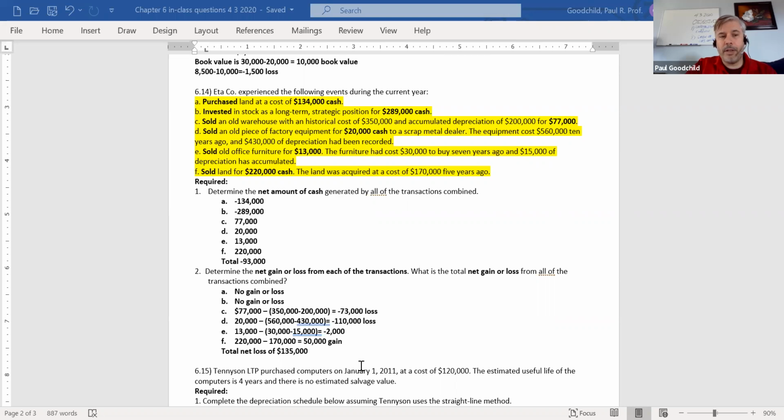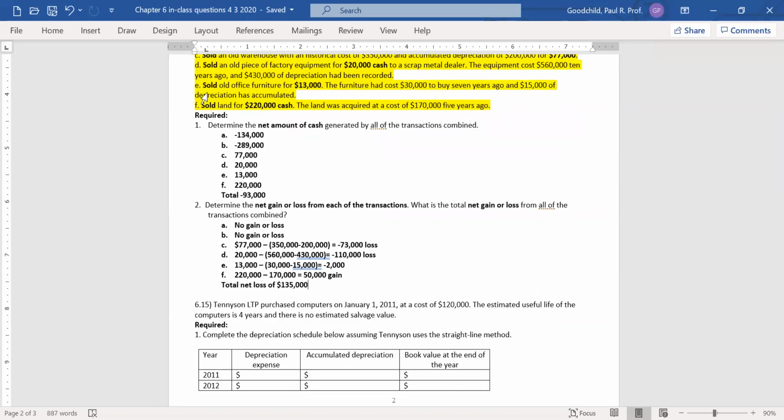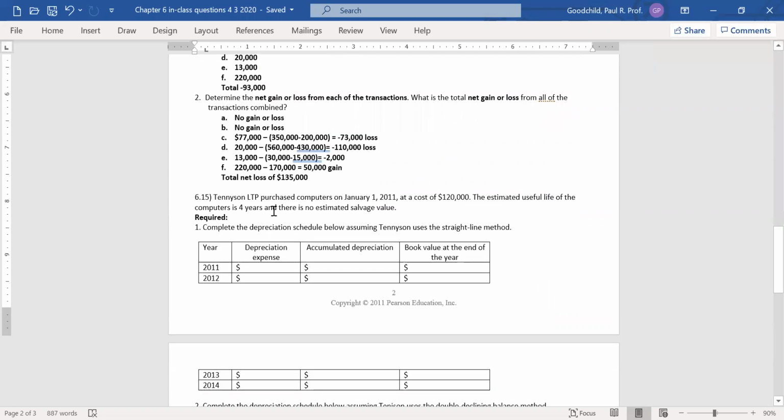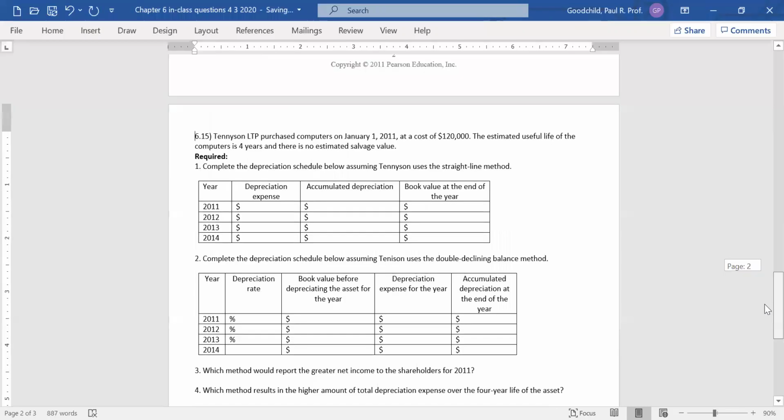Okay, I'm going to go ahead and end the polling. I'll share the results. Nobody had any questions, so I'm going to move on to the next part.